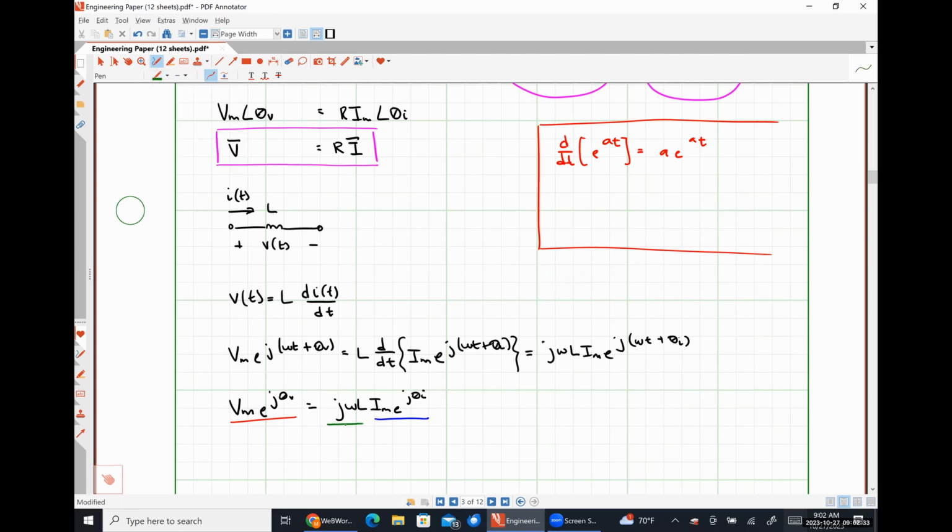But that part is a rectangular form complex number. So we are multiplying two complex numbers together, and we learned that multiplying complex numbers together is easiest when they are both exponential or polar form. So how would I represent j omega L as an exponential form complex number?